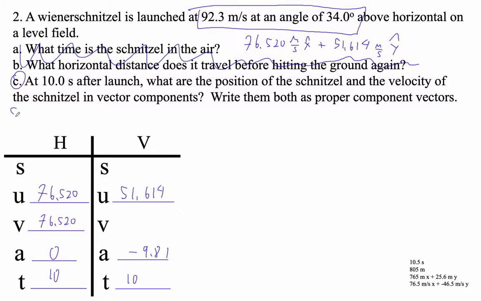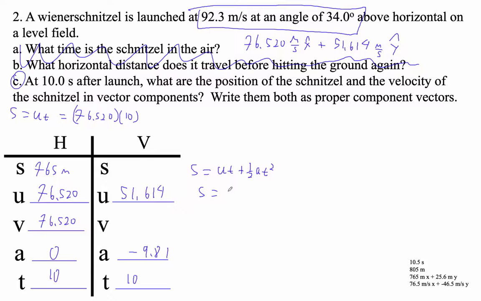So on this side, S is UT, which is 76.520 times 10, and that of course is 765 meters. And then our S here is going to be UT plus 1/2 AT squared.